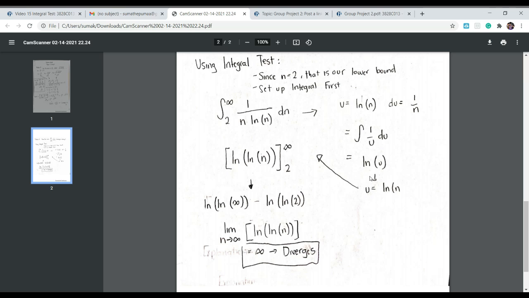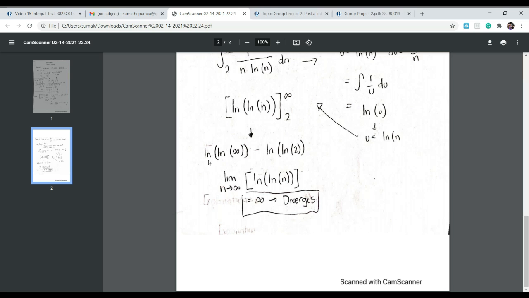So the antiderivative of this is the natural log of the natural log of n. I don't know if that sounds a little confusing, but that's how I did it. So I evaluated it: natural log of infinity minus natural log of 2. It's actually just infinity. So I stated that it diverges.